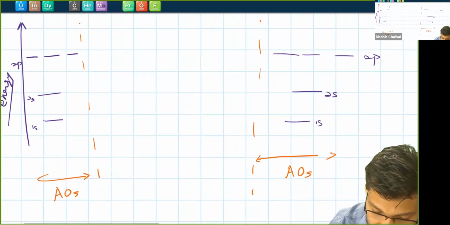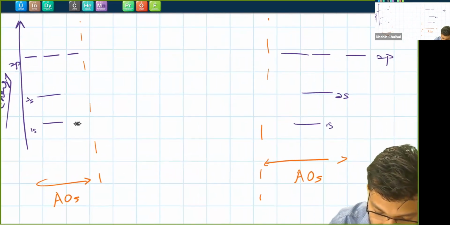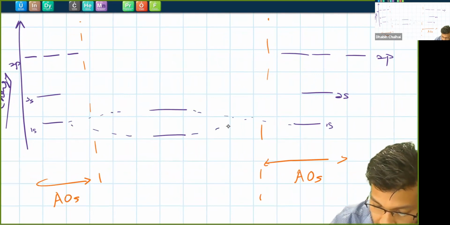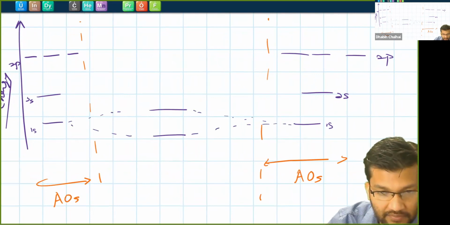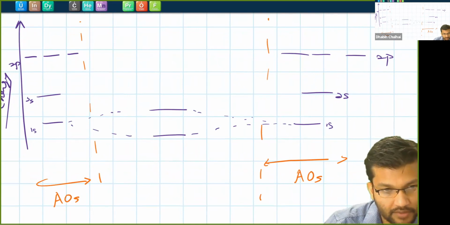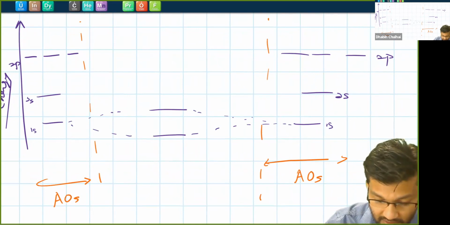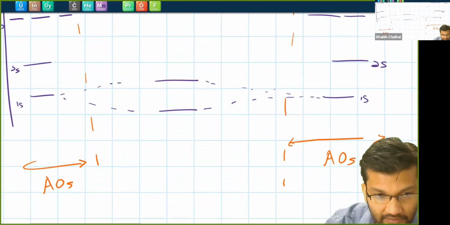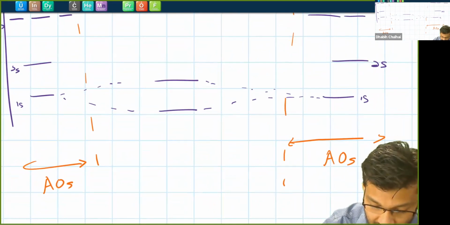Well, when these come together, the 1s will come together to form two different orbitals. Think of this as like however many orbitals you put in, that's how many orbitals you need to get out. So you have a 1s orbital on the left, a 1s orbital on the right. You combine them together, you get two orbitals. And we said that when we mix s orbitals together, we get a sigma and a sigma star.